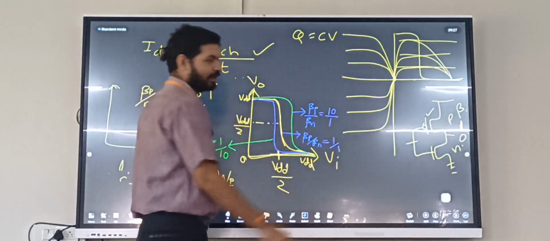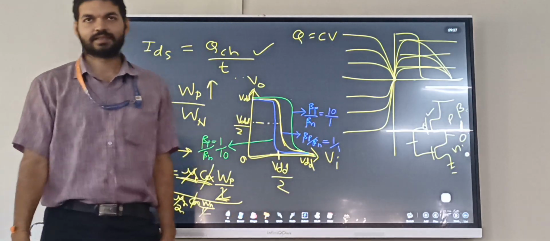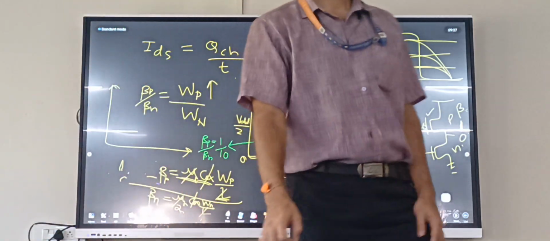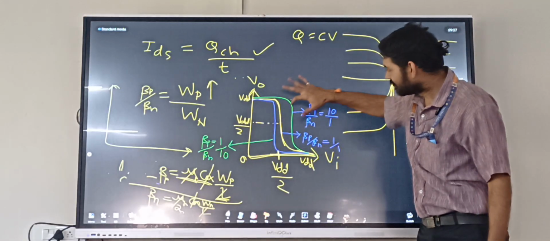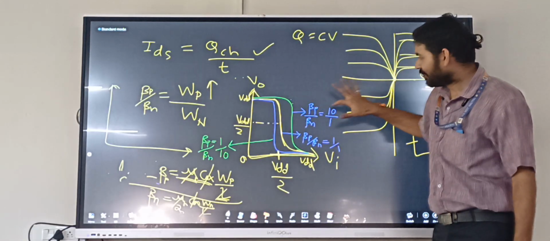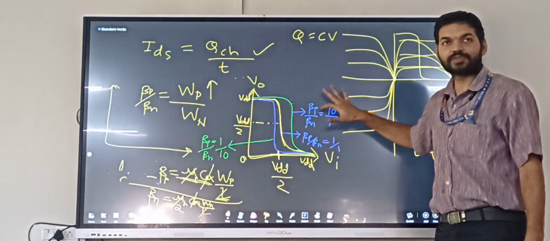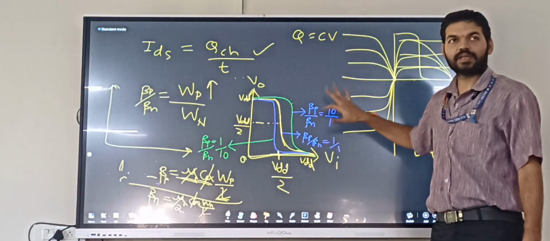Beta P by beta N is WP by WN, directly you can write. So here, in this graph, the width of PMOS is 10 times more than the width of NMOS.